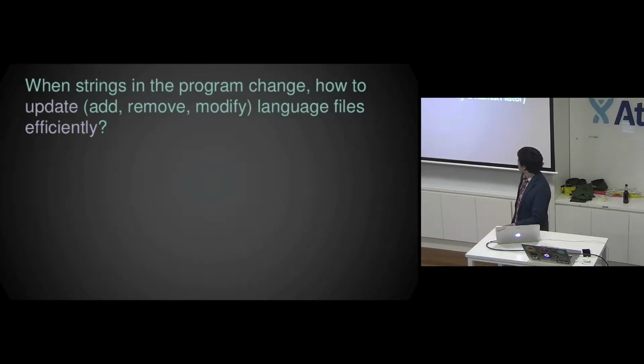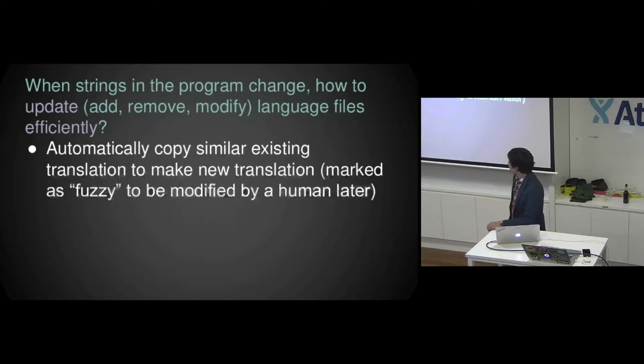One is to use some kind of automatic mechanism to copy existing but similar translations to make new translations, and mark these strings as fuzzy so that they will be modified by a human later. This will make translation a little faster.